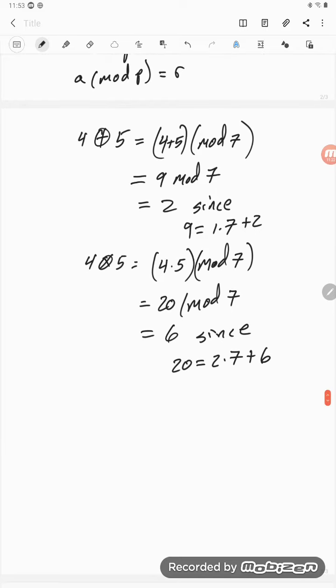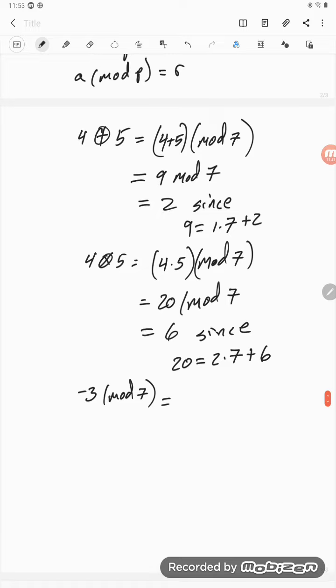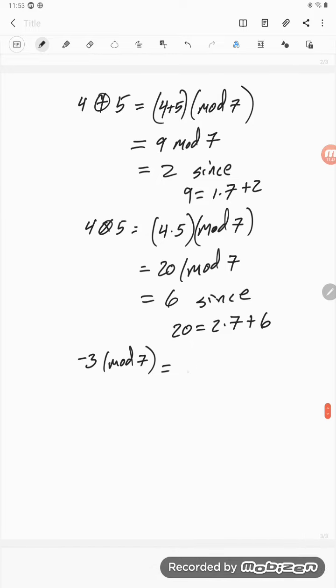Okay, and one can talk about negative numbers and so forth. What would negative 3 mod 7 be? Well, I can write negative 3 as something with a whole number, sorry, I need an integer.